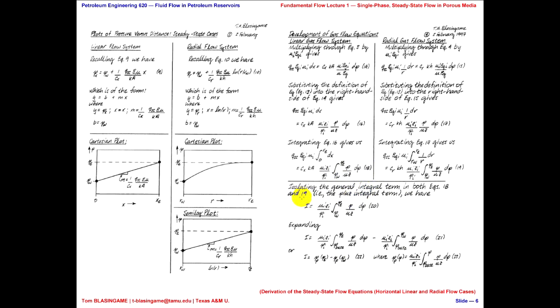So now we isolate this integral, and how many of you have read the first paper? What was the name of that paper? Who were the authors? Al-Husseini, Ramey, and Crawford. Very good. How did they define their pseudopressure function? It's 2 multiplied by this integral, P over mu z.